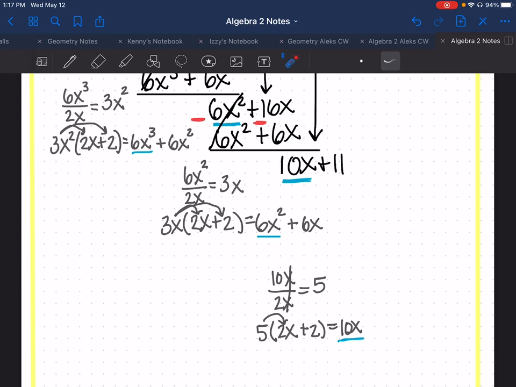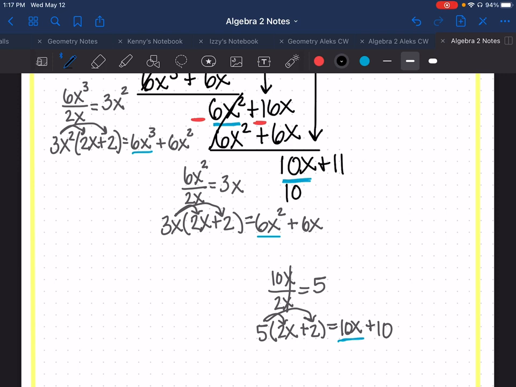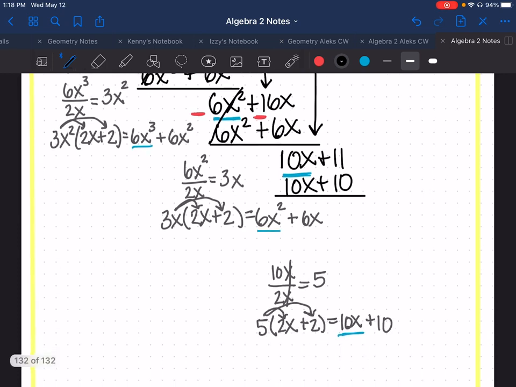These last leading coefficients, they do match. And 5 times 2 is 10. All right, so I'm going to put the 10x plus 10 right here. And I've got to bring the 5 up to the top. It is a positive 5, so it's going to get a plus. The last thing I have to do is subtract. These two are going to cancel, and 11 minus 10 is 1.